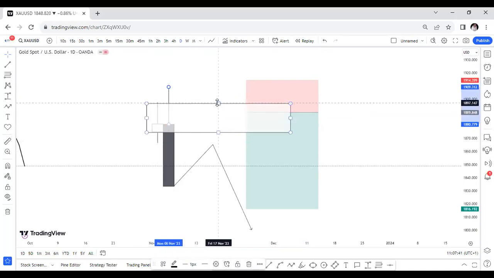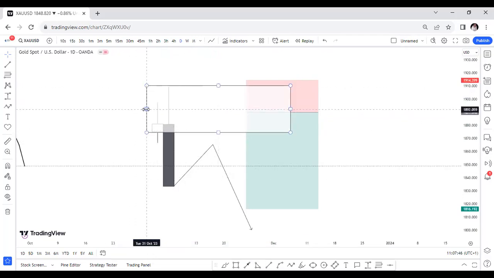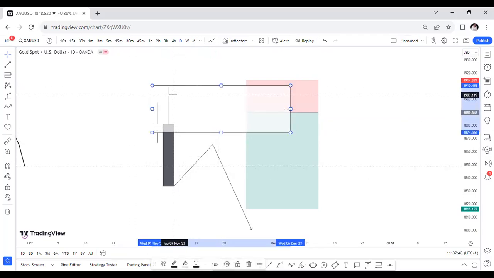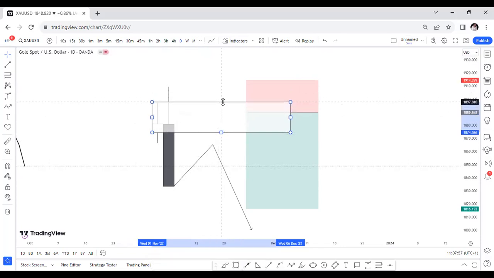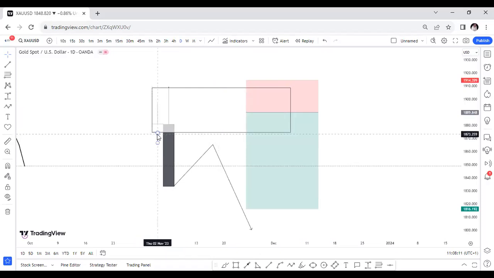You extend the DC to this, to capture the high, because price could still go up here to tap into this place, so that you don't put your stop loss here and you get hit out. If you put your DC here, what if price still goes higher to tap into the high of this place? So it is better you capture it from the recent high to the body of the engulfed candle, to the opening of the engulfed candle.